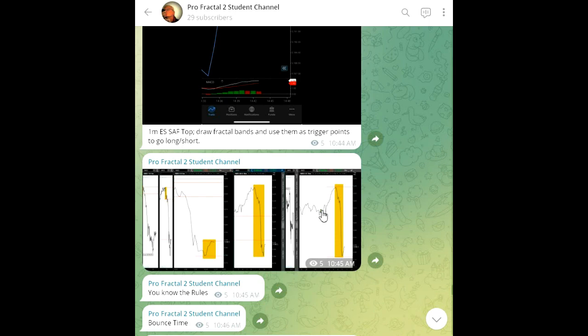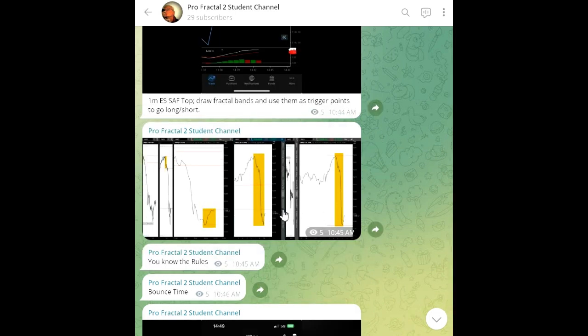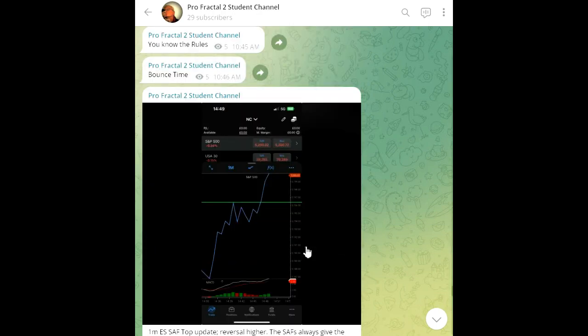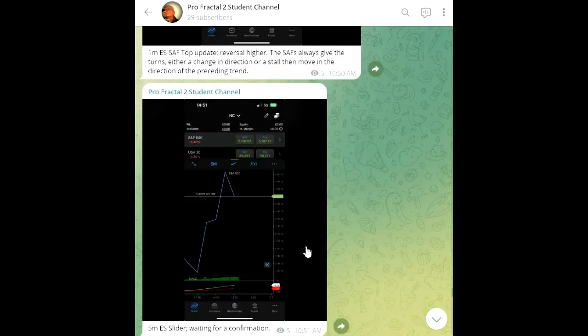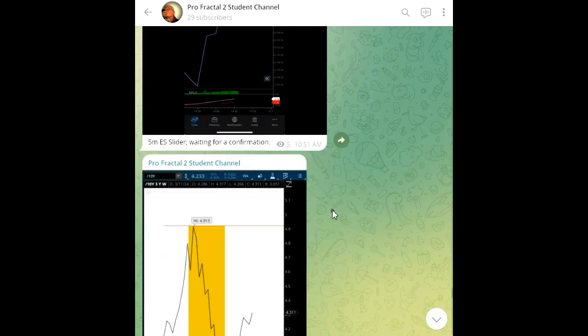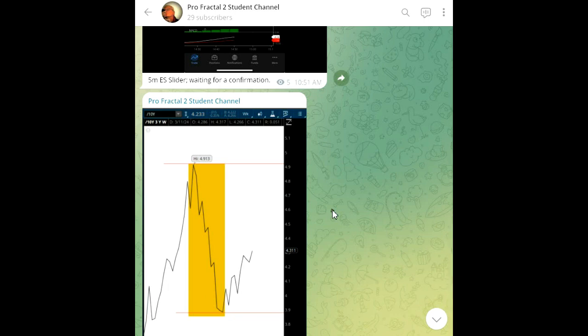And I gave another setup here. You know the rules. We have a couple growth fractals, so we're going to bounce. And as we continue here, we have a 5-minute slider similar to the Dow daily top. What's going to happen?